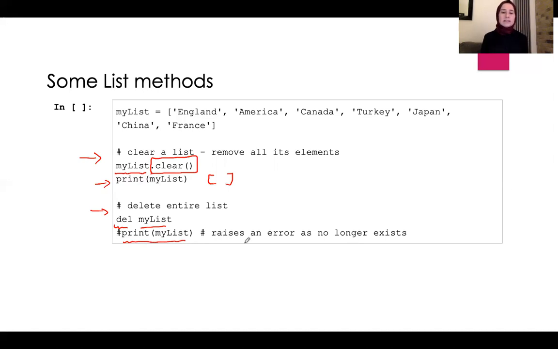It's because this list no longer exists. When you run this piece of code, it will return an empty list for the first print, and it will return an error for the second, as this list no longer exists.